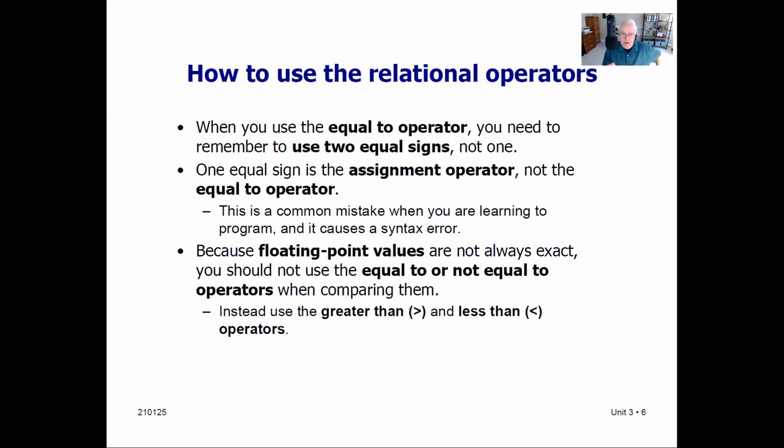An equal to operator used in a Boolean expression is 2 equal signs. And if you use a single equal sign, you're going to have a problem. You're going to get a syntax error because it's not assignment. So just remember, when you see 2 equal signs, that is the equal to operator, and you should be looking at a Boolean expression.